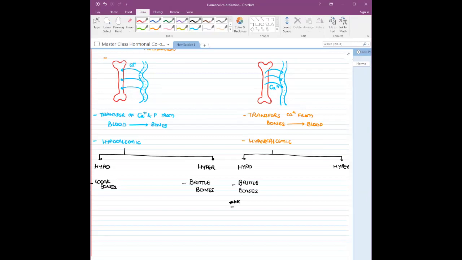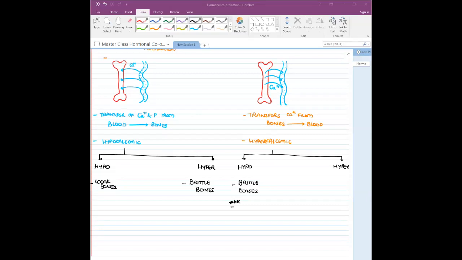You are going to suffer from tetany. Tetany meaning, if you remember the actin myosin thing, like we talked about in the sliding filament theory, we had calcium which was covering it. If the calcium is removed, immediately the muscles are going to undergo contraction. Same thing is going to happen over here.